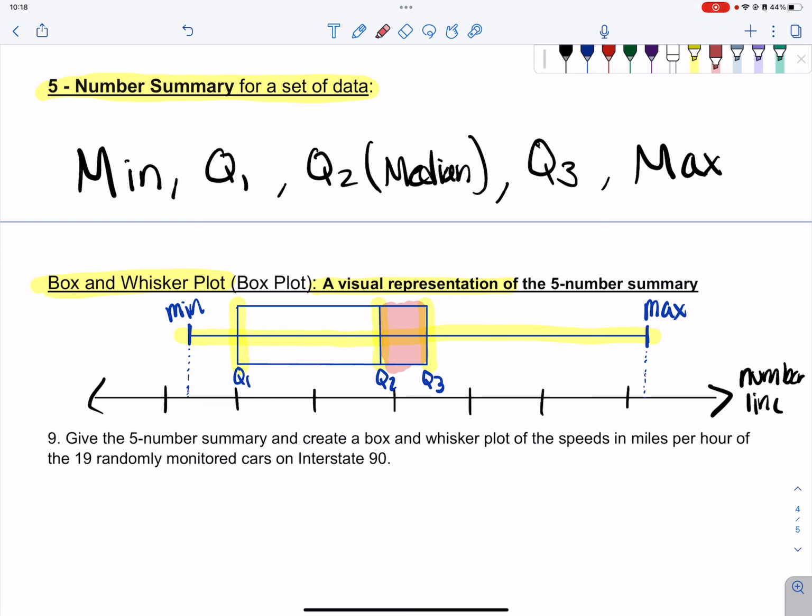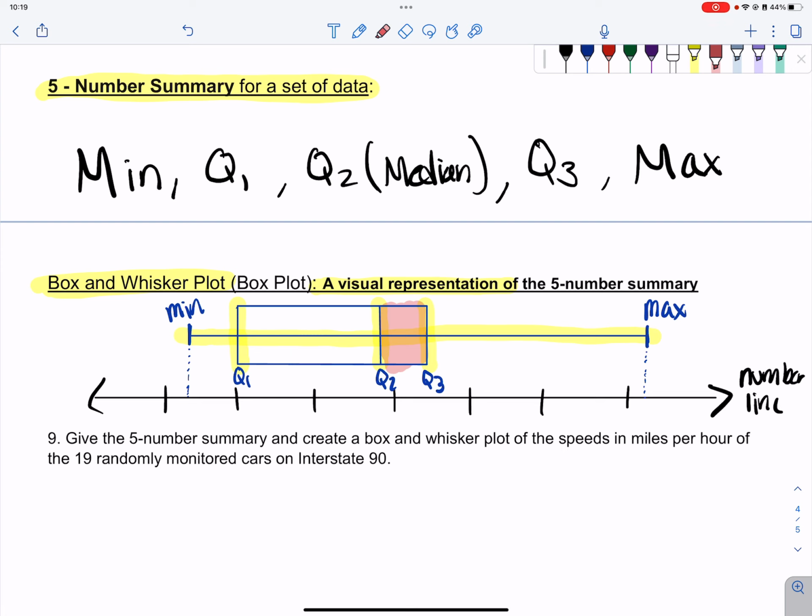This is not telling us that there are less data values in that region, because actually all of these regions have the same amount of data values. Remember that picture that I drew at the beginning of our quartiles to show that it broke our data set into 4 equal parts? These are those same 4 equal parts, but now this is just telling us how close together all of those data values are.